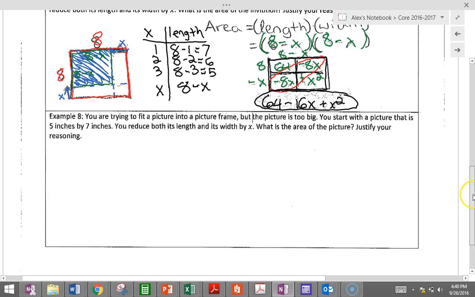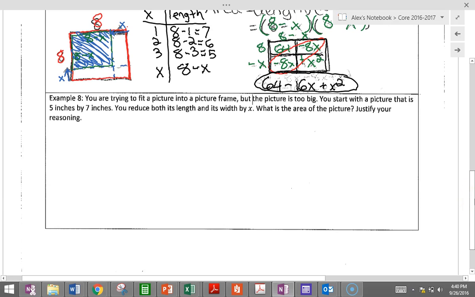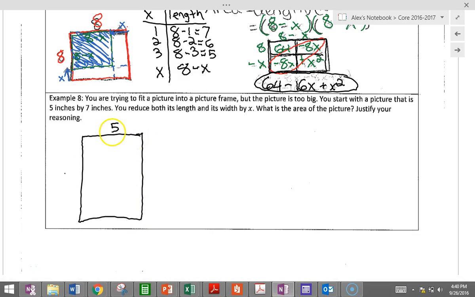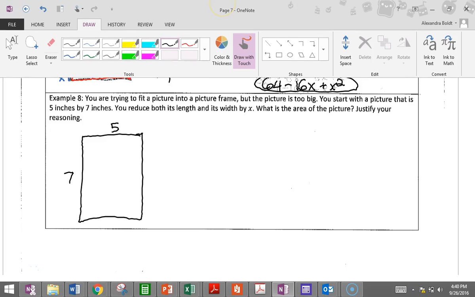All right, let's look at one more example, our last example here, example 8. You are trying to fit a picture into a picture frame, but the picture is too big. You start with a picture that is 5 inches by 7 inches. So again, here's my pretty little picture. 5 inches here, 7 inches here. You reduce both its length and its width by x.